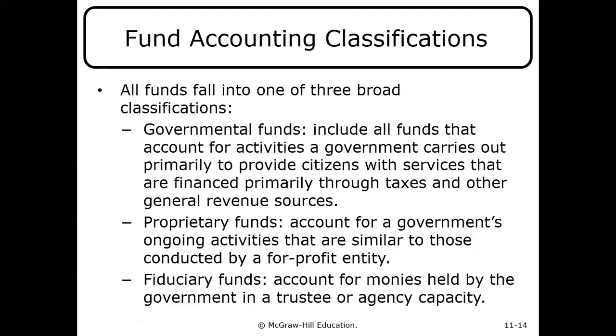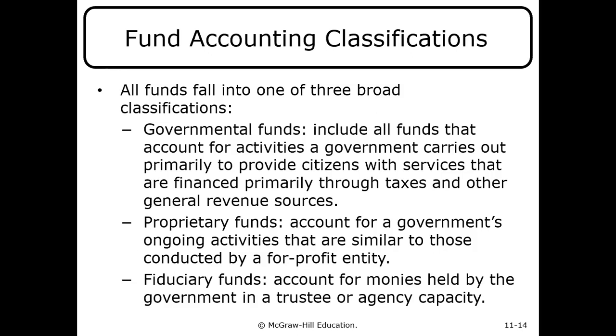So this includes all funds that account for activities a government carries out for its citizens, with services that are financed primarily through taxes and other general revenue sources. Okay, things such as the fire department, the school systems. These are considered governmental activity/funds.